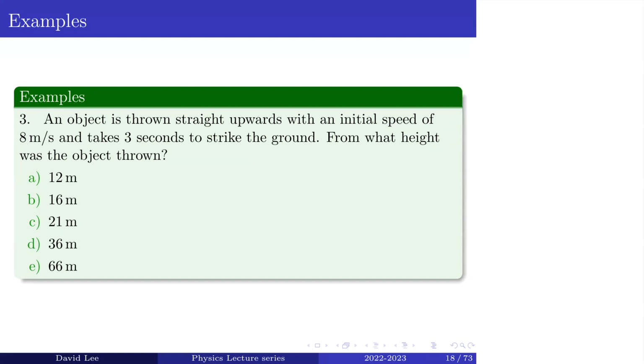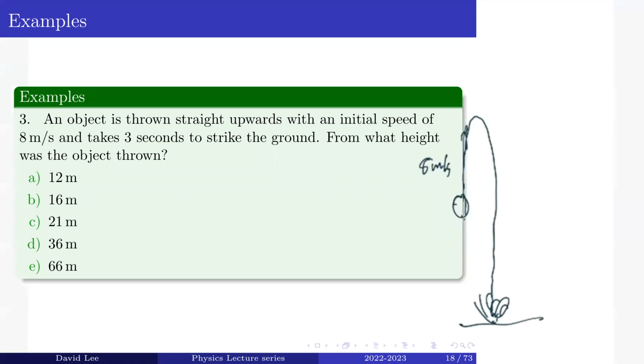So what is going on? We have an object that's thrown upwards and its initial speed is 8 meters per second. Now it takes 3 seconds to strike the ground. So it's thrown upwards, it falls a bit, and now it strikes the ground 3 seconds later.